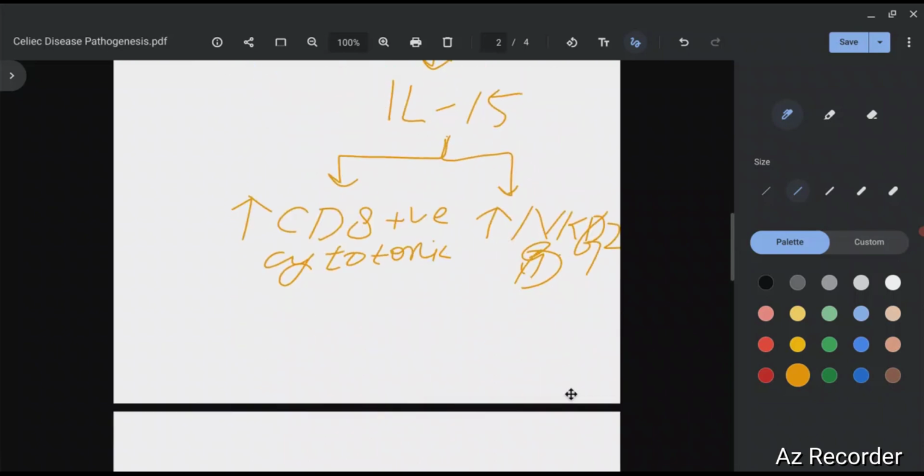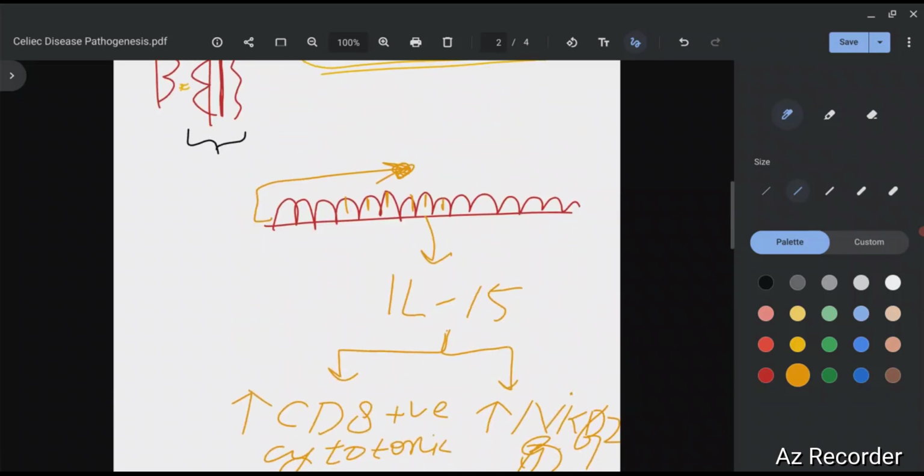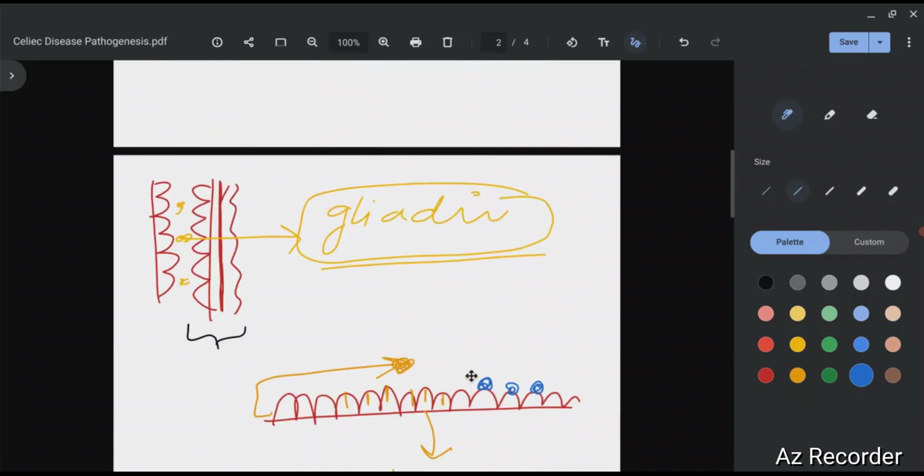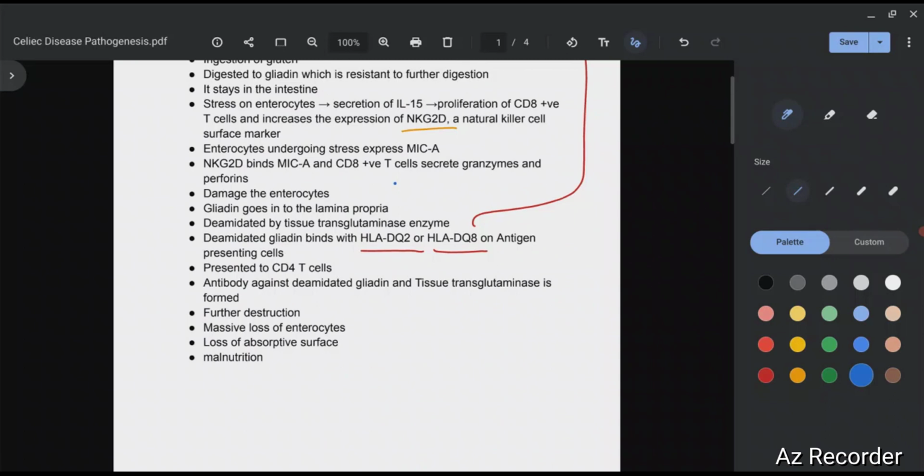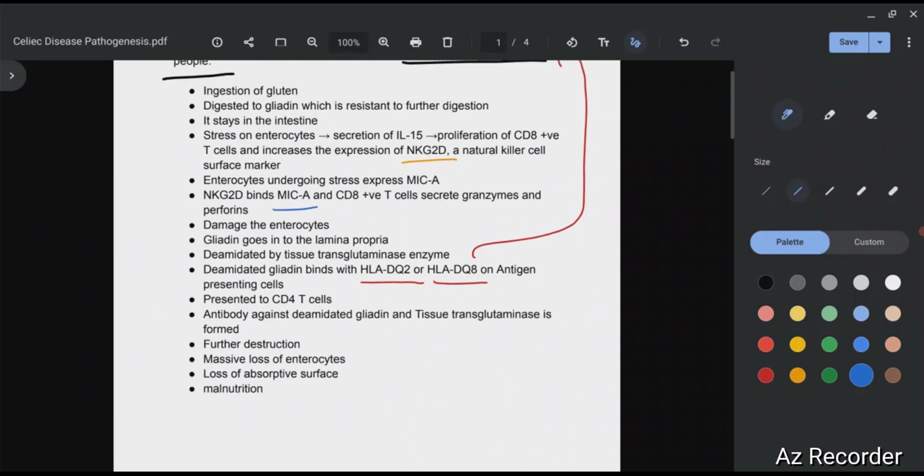Side by side, these enterocytes undergoing stress will start expressing a surface marker. What is the name of the surface marker? This is MICA.